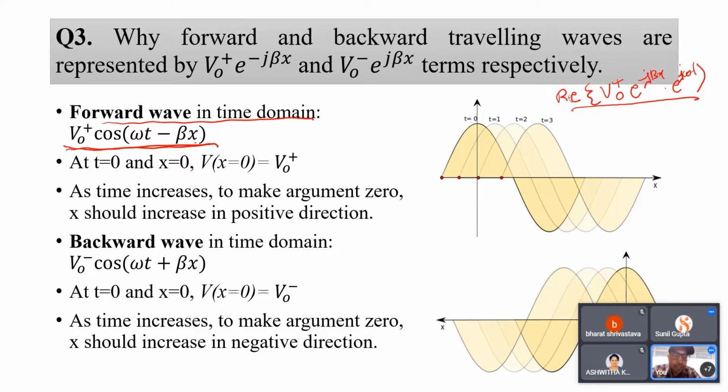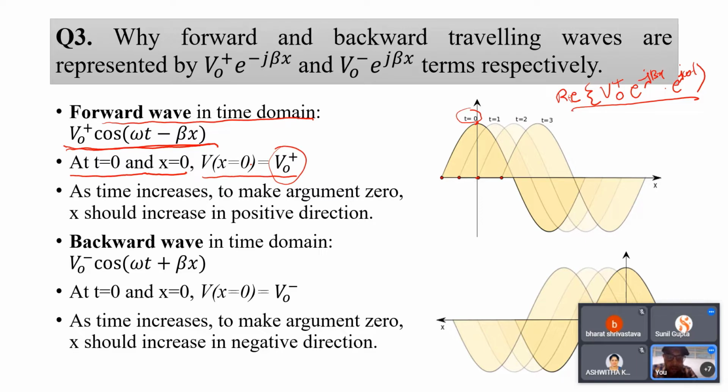Okay, so let us take a spatial position where time is zero as well as position is zero. In this case, v is defined as V naught plus. Here you can see that time is 0 as well as x is 0, so the maximum value of this voltage will be V naught plus.